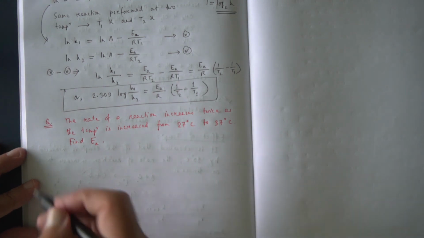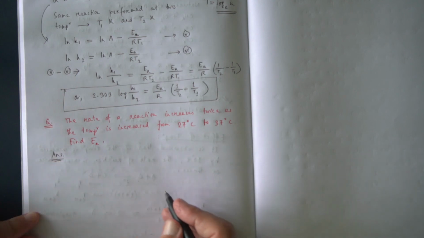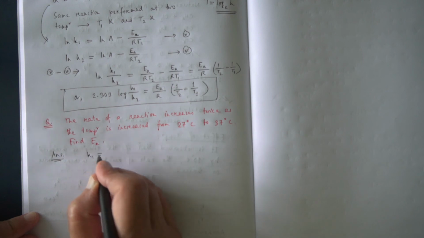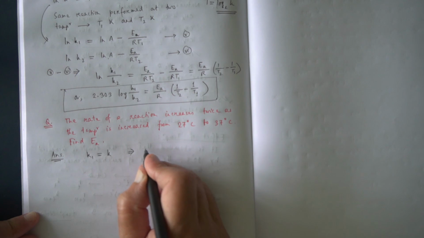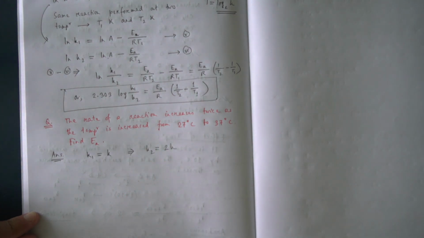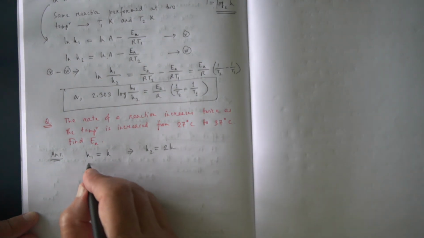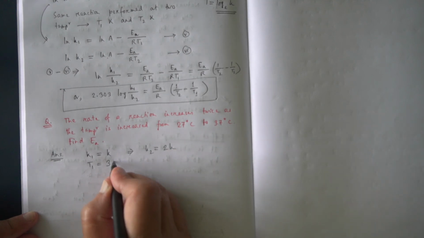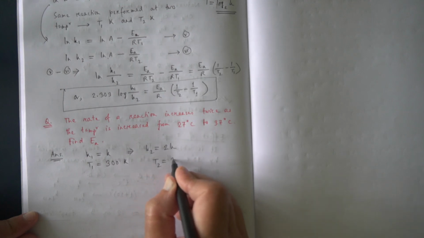So very simple, you can easily solve it. If you put K1 equal to K, then K2 will be equal to 2K, because rate increases twice. Temperature T1 is 27 degrees Celsius, that means 300 Kelvin, and T2 is equal to 310 Kelvin.